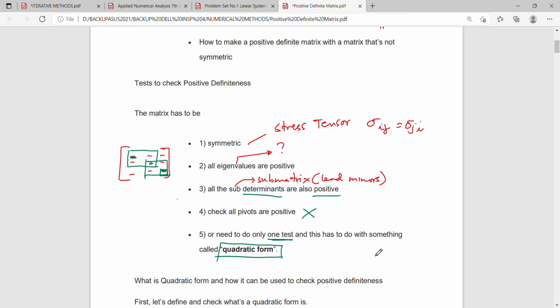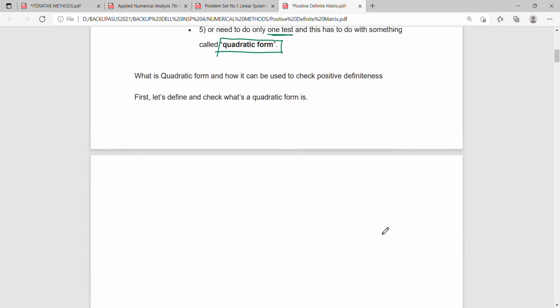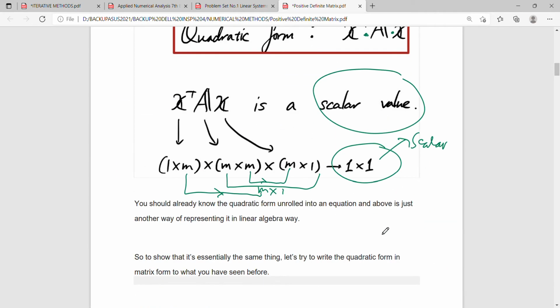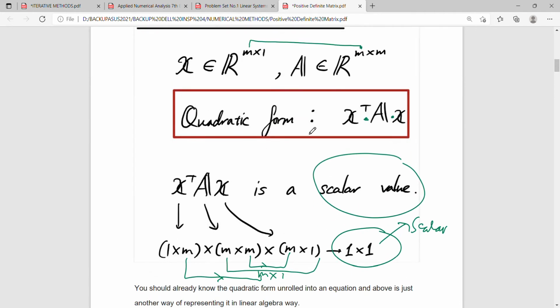This is not my own lecture. I told you, I just want to share it with you because I find it very easy, and I find it very important for you to understand before we proceed with the conjugate gradient technique. Okay, so this is a quadratic form.